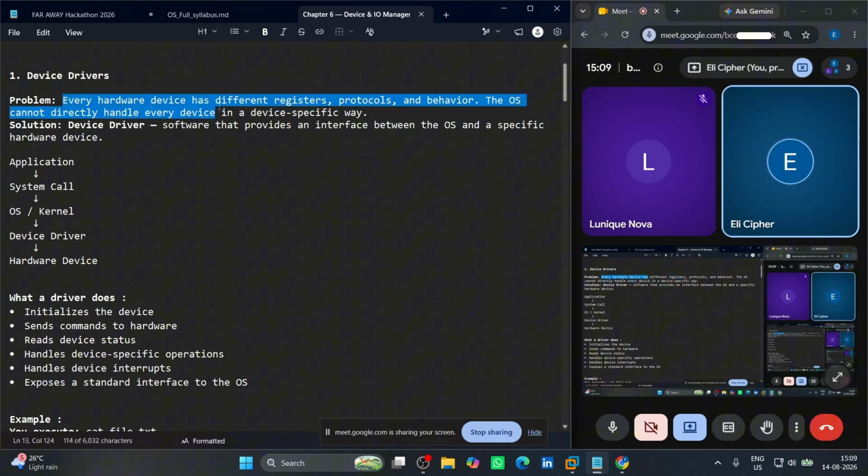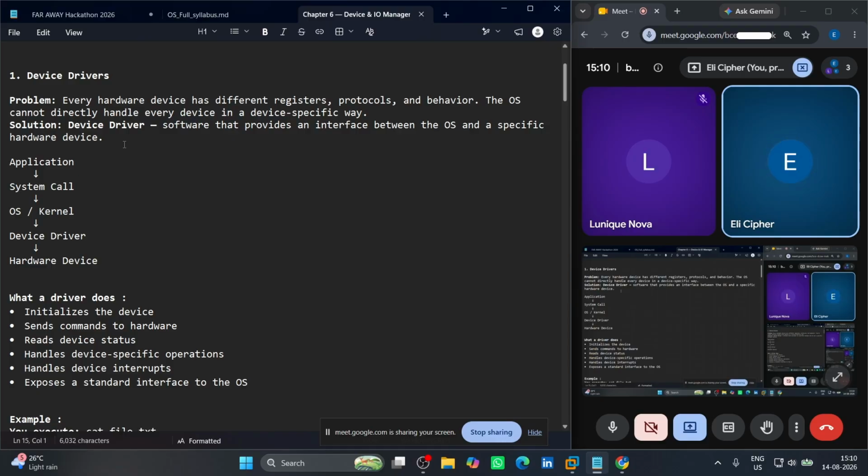So every hardware device has different registers, protocols, and behaviors. The operating system cannot directly handle every device in a device-specific way. So what's the solution here? The solution is the device driver, software that provides an interface between the operating system and a specific hardware device.